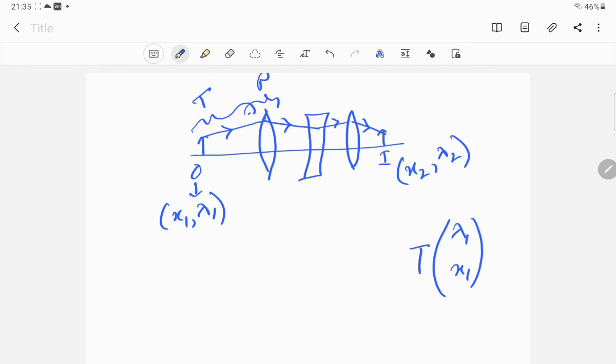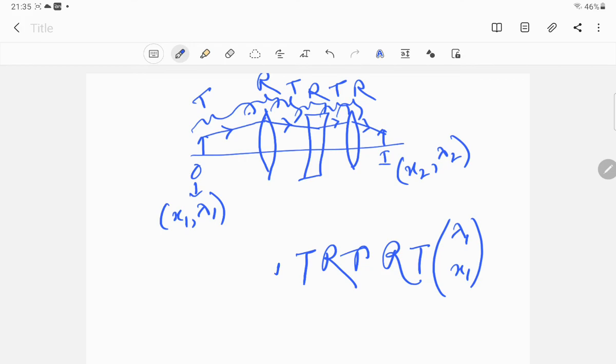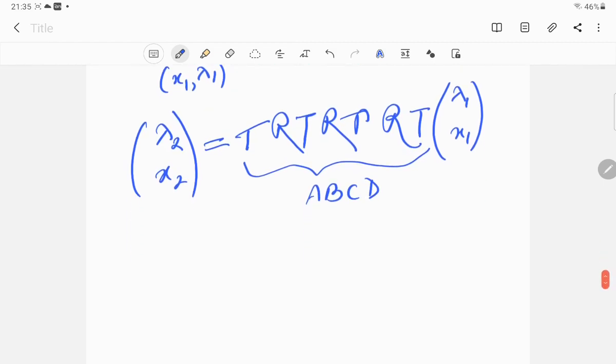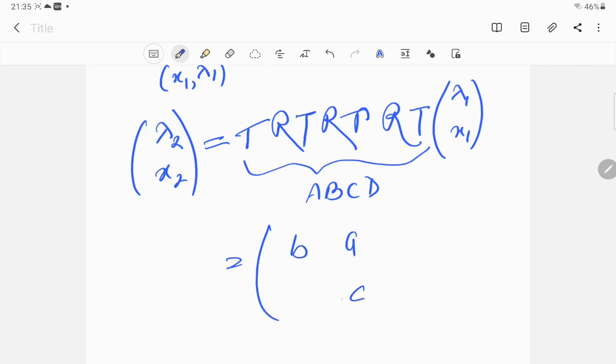Then refraction, then a refraction matrix, then translation, then refraction, then translation again. That ultimately gives you the final image. The whole of this is again called the ABCD matrix, so we simply rewrite it as an ABCD matrix. It doesn't have any physical significance, it is just a way of writing it.